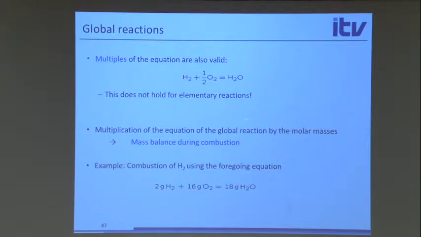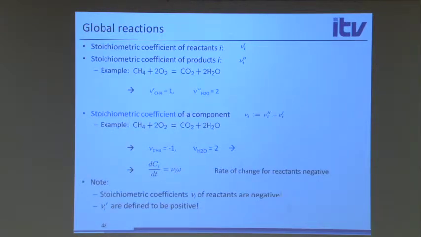You cannot do this for elementary reactions, of course. So they don't have real physical meaning in terms of actual reactions. If you multiply this by molecular weights, it also gives you the mass ratio of these species. Here, for example, 2 grams of hydrogen react with 16 grams of O2 to give you 18 grams of H2O.